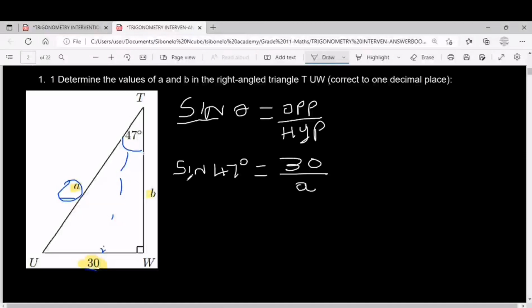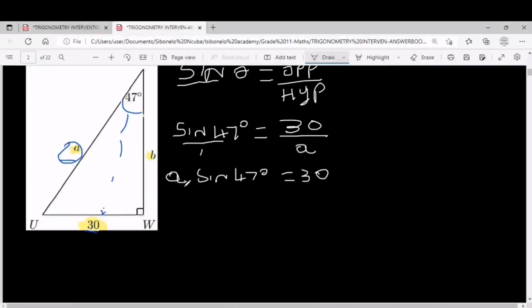We can cross multiply. So a times sine 47 degrees equals 1 times 30, which gives us 30. Now we want the value of a, so to get a we must divide by sine 47.